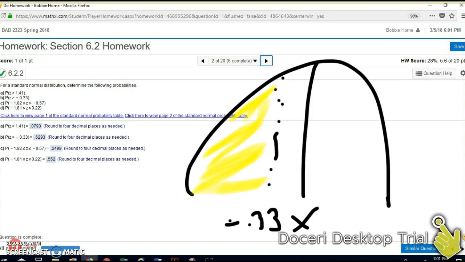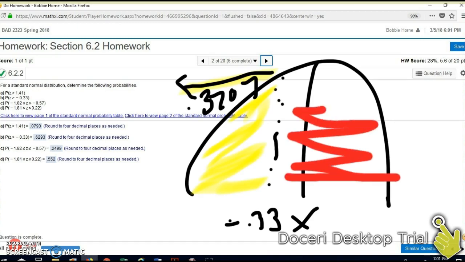So when I looked up negative 0.33, I think I get 0.3707. So that means that the probability of it being less than or equal to this part would be 0.3707. But I want the probability of it being greater than.